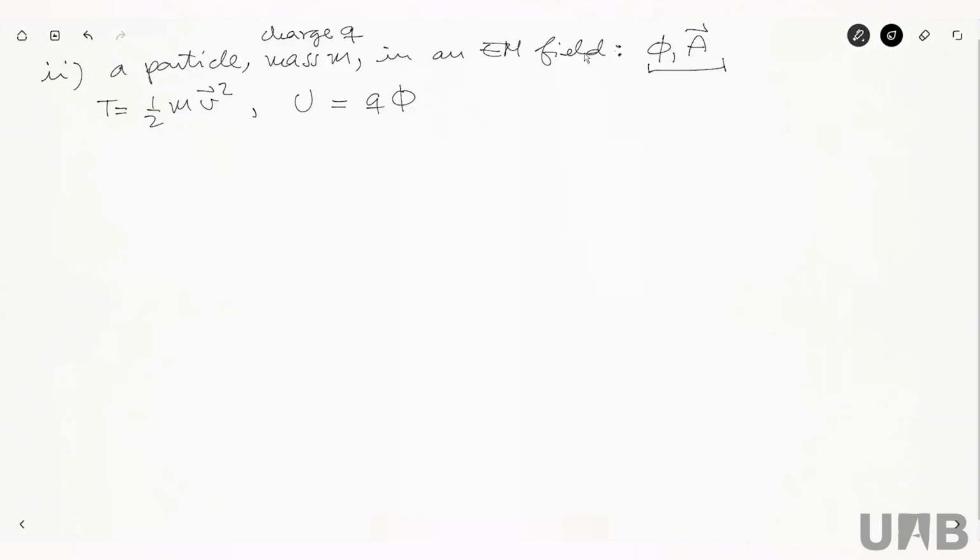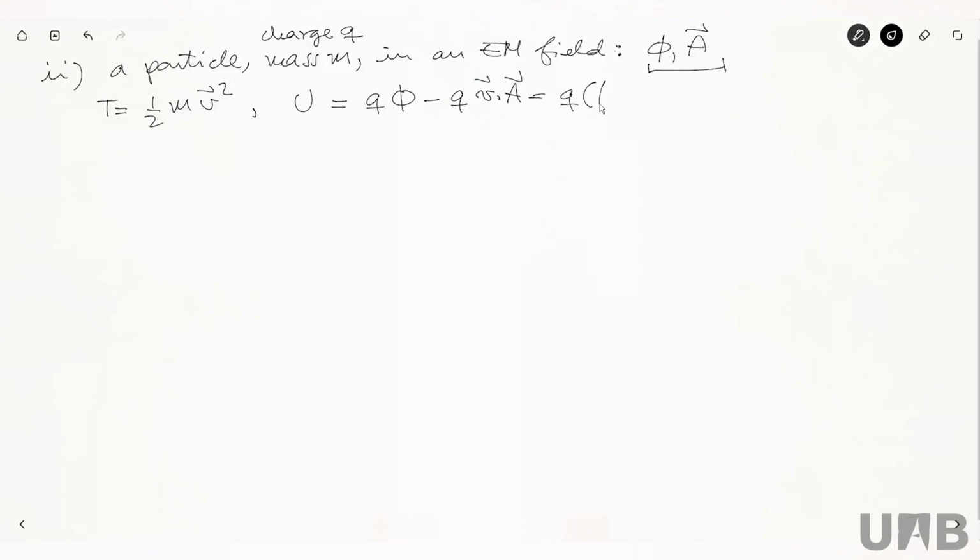I'm giving you a hint: it has to be written in terms of the vector potential A, not the magnetic field B. Minus q times the dot product between the velocity and A. Yes, very good.